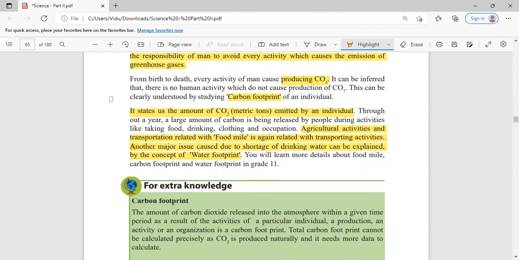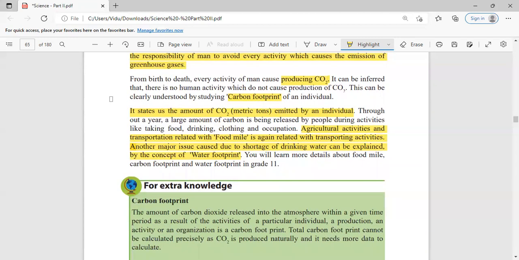From birth to death, every activity of man is producing carbon dioxide. It can be said that there is no human activity which does not cause production of carbon dioxide. This can be clearly understood by studying the carbon footprint of an individual.